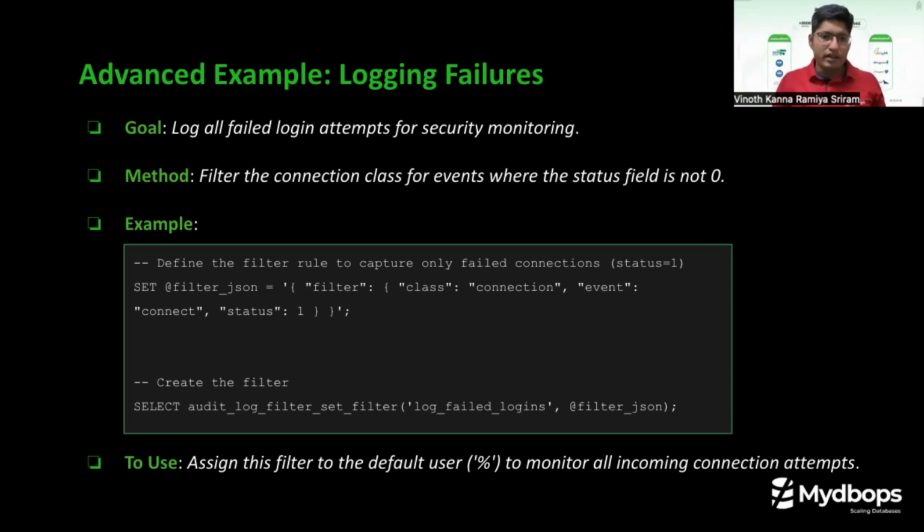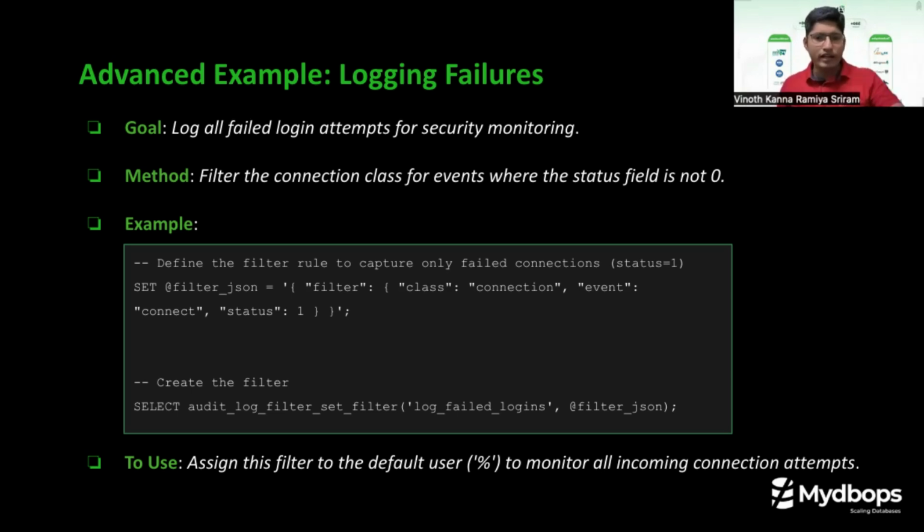Here, we can have granular control to store the failures alone. For example, I'm going to record all the access denied errors that are happening on my system, and I need to take action as a DBA. Okay, I will be able to do that.